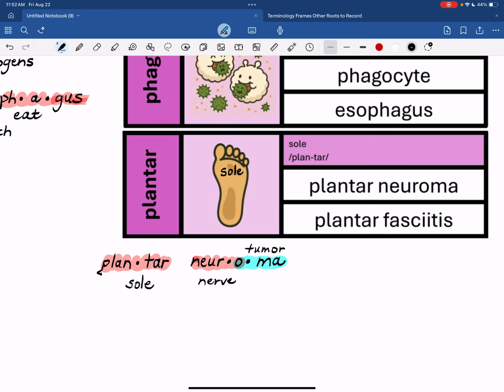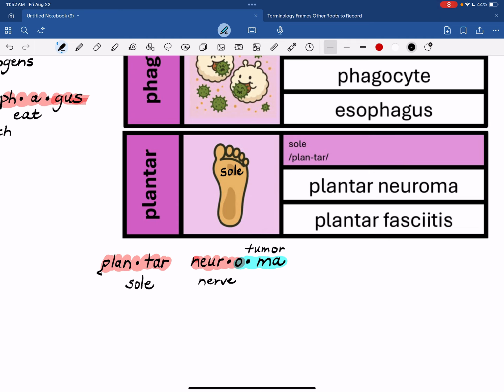Plantar neuroma, commonly known as Morton's neuroma, is a non-cancerous growth of nerve tissue that typically develops between the metatarsal bones of the foot, often between the third and fourth toes. It is characterized by inflammation of a nerve, leading to sharp or burning pain, numbness, and tingling.